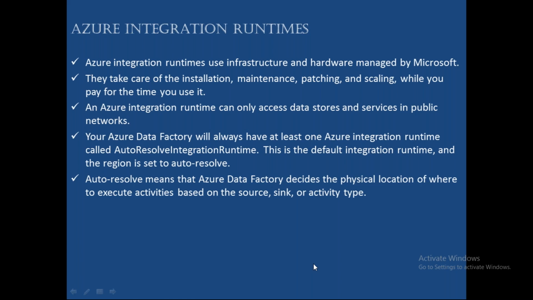Now what happens is, near to Zimbabwe, whatever data center is there, it will try to take the integration runtime near that data center and use that particular integration runtime. Now your data is moving from India to Zimbabwe, but it is not directly moving from India to Zimbabwe. It is traveling through another integration runtime, because integration runtime is not available in Zimbabwe.